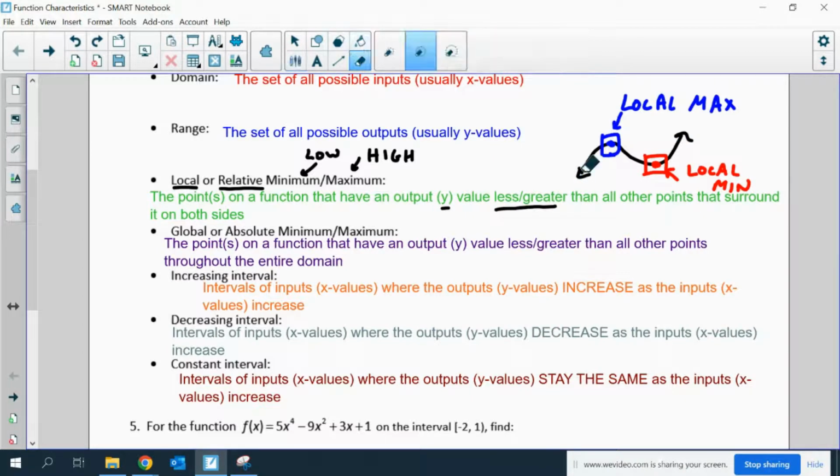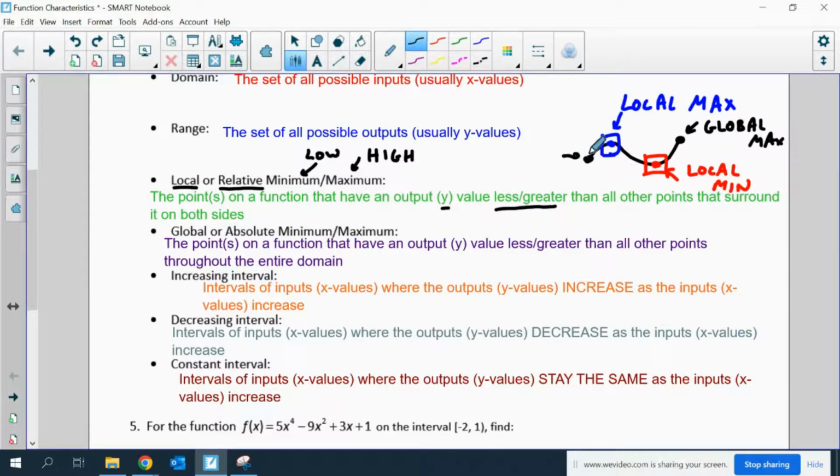However, if I restricted this graph in such a way where these are endpoints and I have domain restrictions, what I would see is that if this point, it does look slightly higher than our local max, this would be a global max.